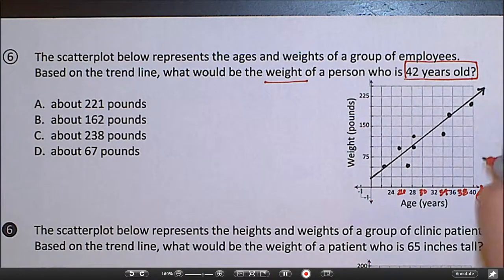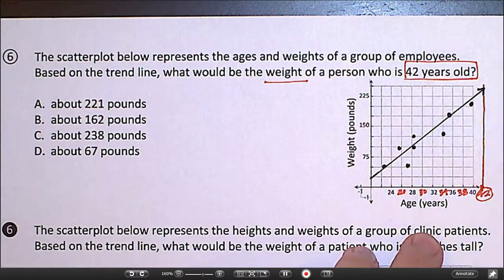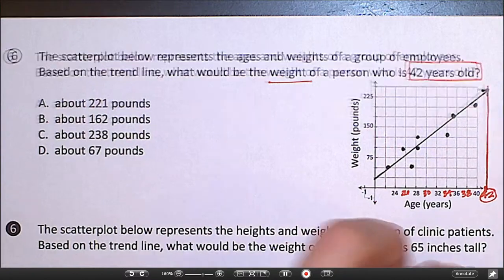So this would be 42. So I'm going to do as close as I can, draw a straight line here, just like we did on number 1. But now I'm looking for something to be 42 on the x-axis.